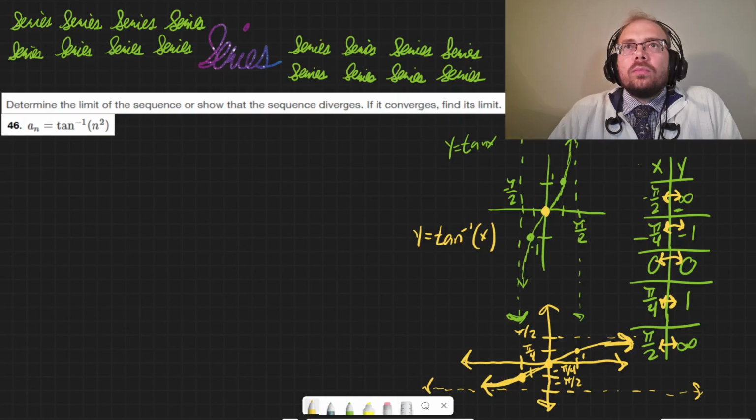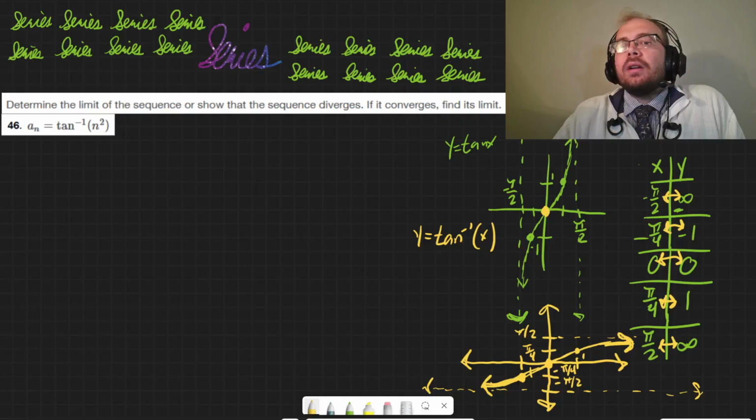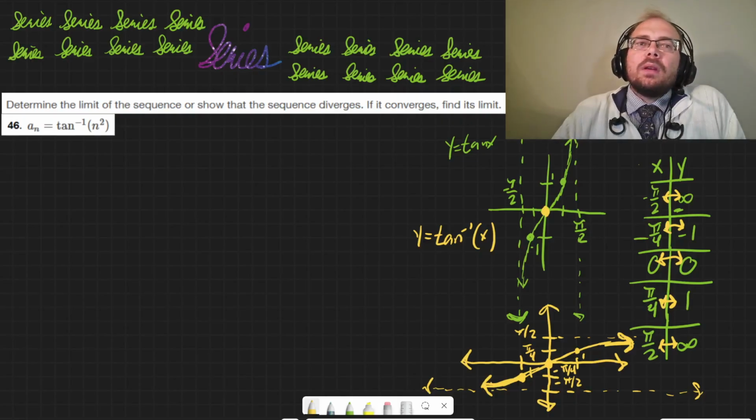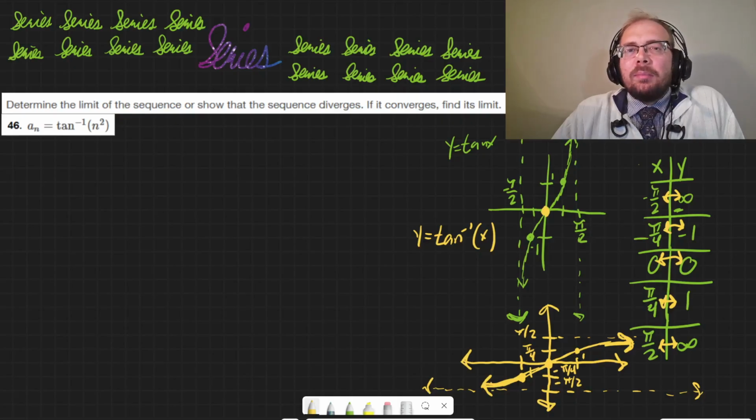So if we follow this out, then as x gets bigger and bigger and bigger, y would be approaching pi halves. And for this graph, because it's n squared, it just means that it's going to be approaching pi halves even faster, because the x is going to get bigger faster.